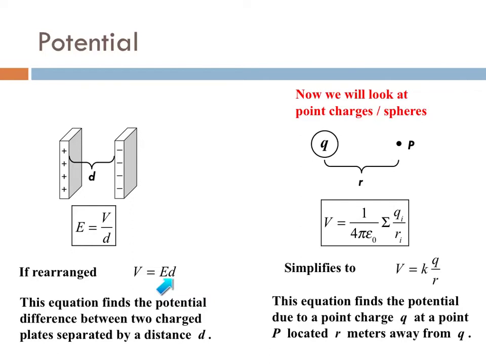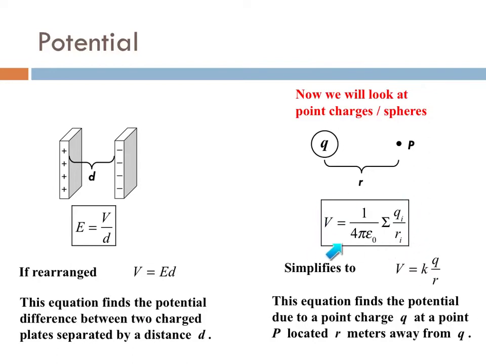So our equation for this is going to be potential is equal to 1 over 4 pi epsilon naught times the sum, that's what our symbol here means, the sum of all of our charges over all of their distances.